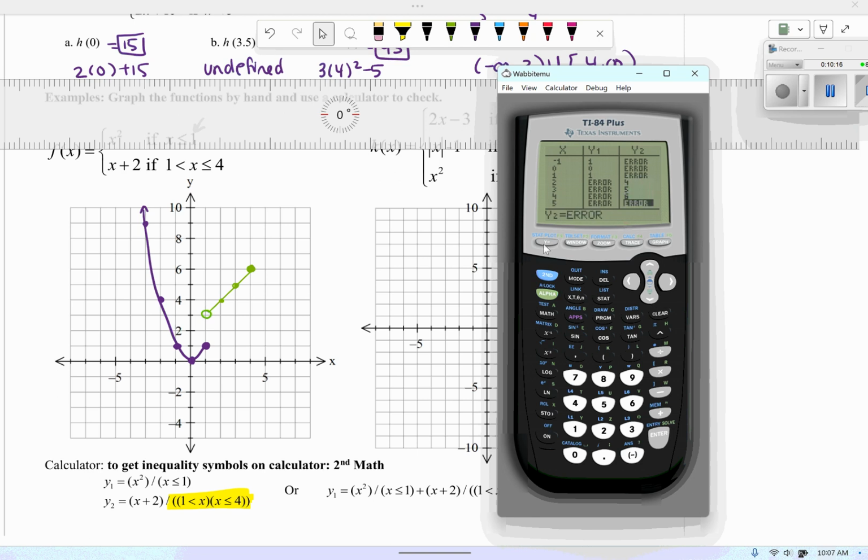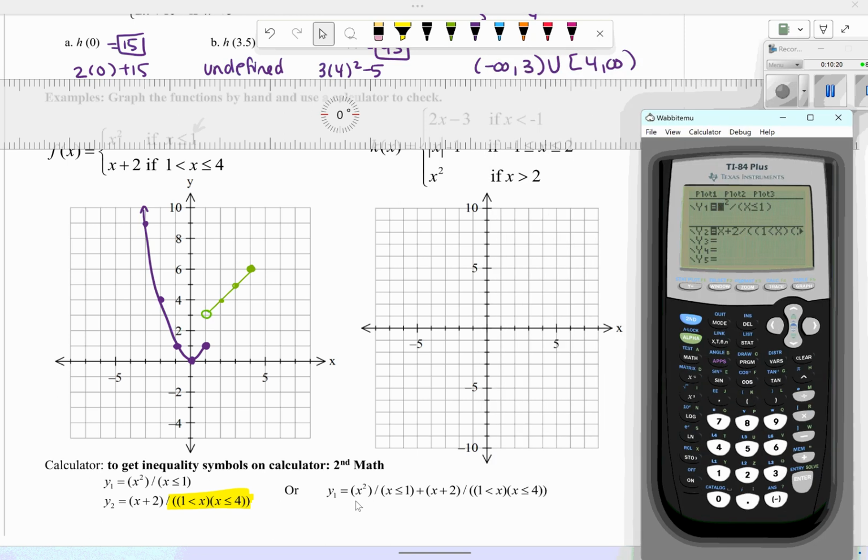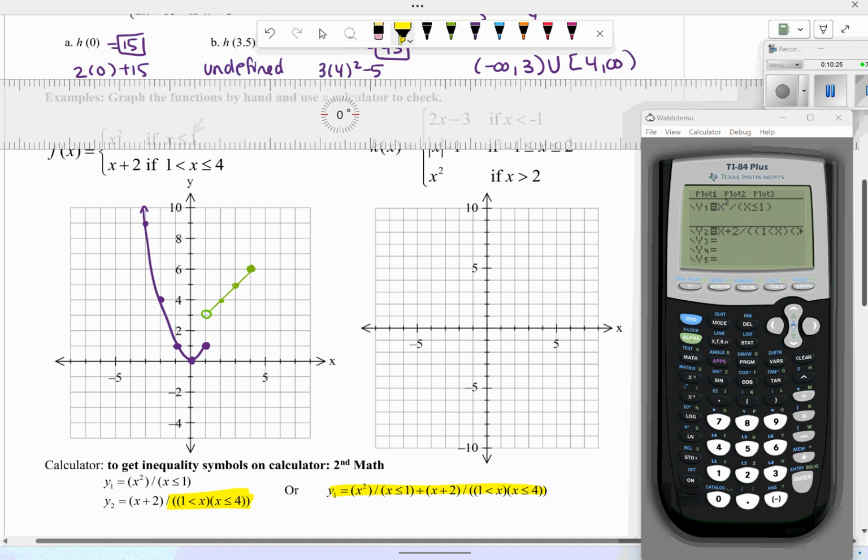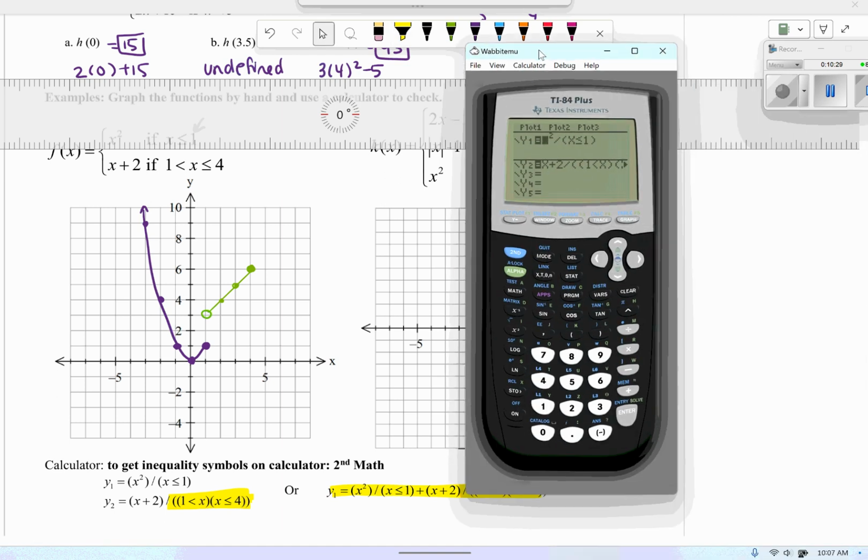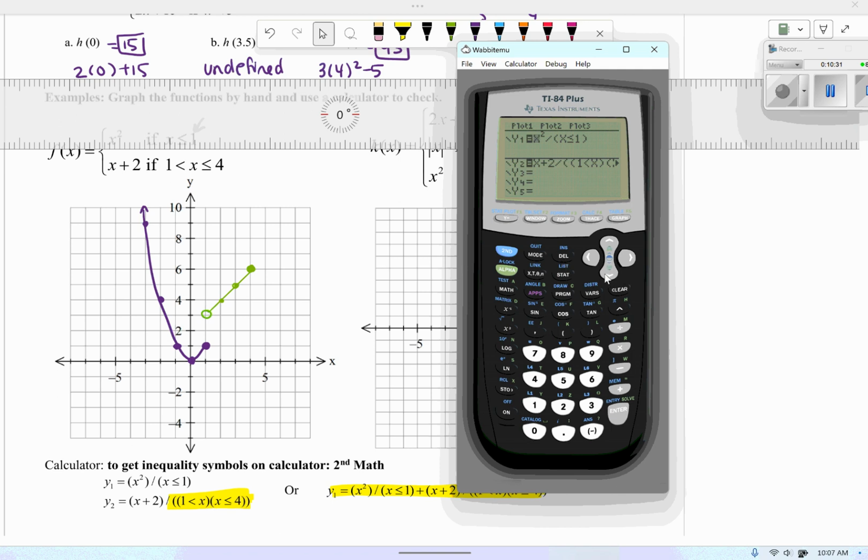The other way you can do this is to plug it all into your y1 and just use a plus sign to separate in between the functions. So I'm going to do that by just using my y2 to make it easier. So I'm going to go down to my y2 here and just do second delete, which is insert.